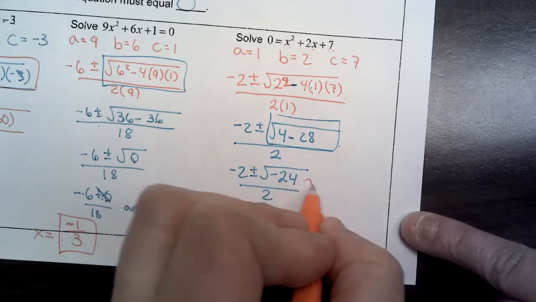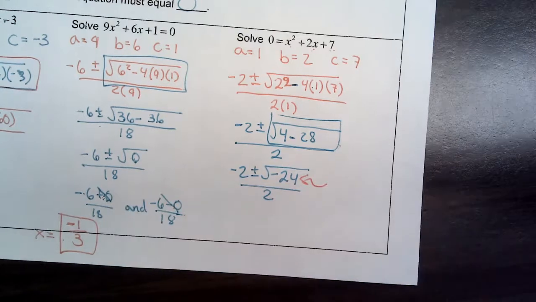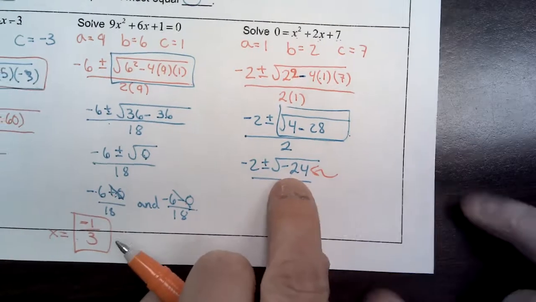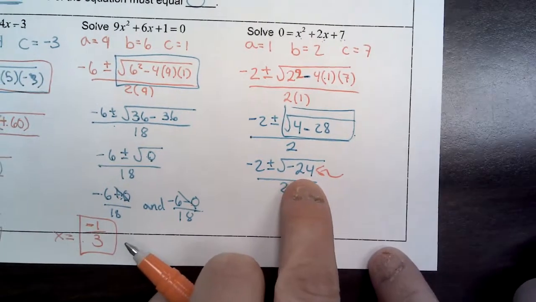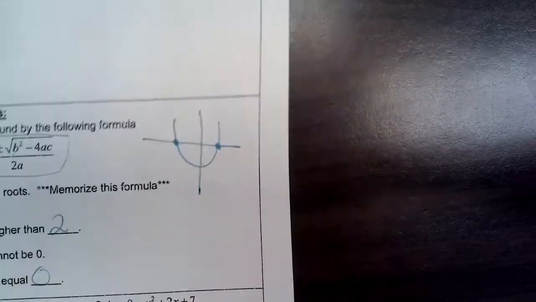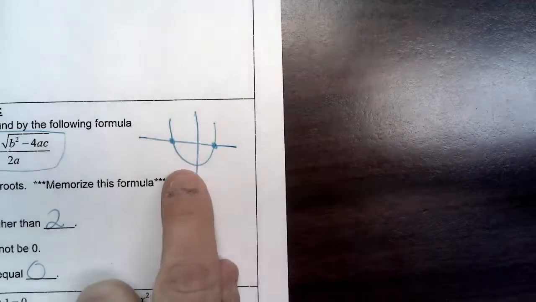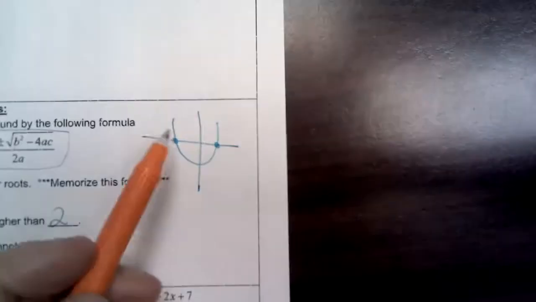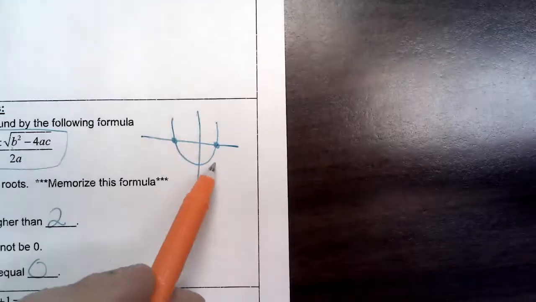All right, so here there's an issue. Right now you guys don't know anything about how to take the square root of a negative number. That becomes an imaginary number. So when you're looking at a graph, imaginary numbers are actually coming up off the page at you. You guys aren't dealing with that right now.